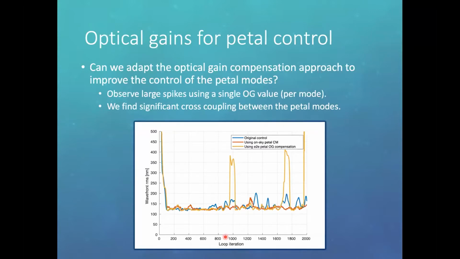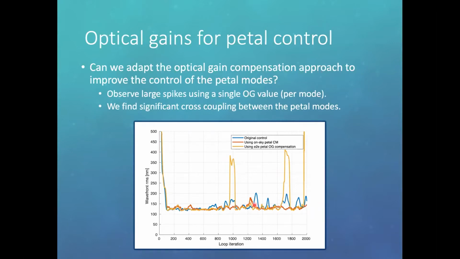But really what we found was that using a single value per petal mode was not enough. That's shown here in the yellow trace. This is estimating the optical gain on the petal modes using that convolutional approach, and then applying that. But what we find is that there is a lot of cross-coupling between the petal modes.